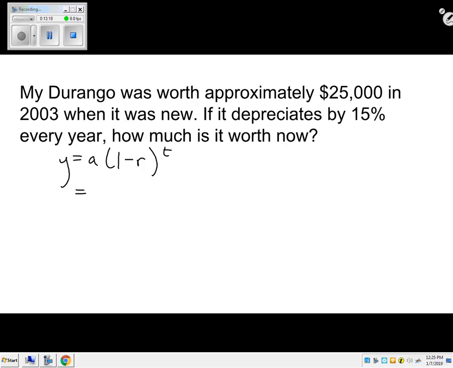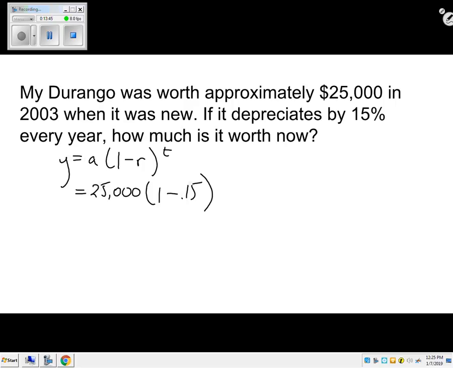Okay. A is my initial amount. That's the first amount that I had on the Durango. Well, the first amount I have on the Durango was in 2003, whenever it was worth $25,000. Okay. 1 minus my r. My r is going to be this 15% that it's going down every year. Then it's going to be raised to the t.